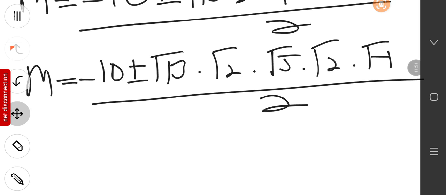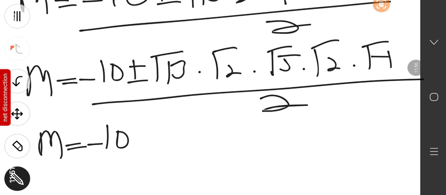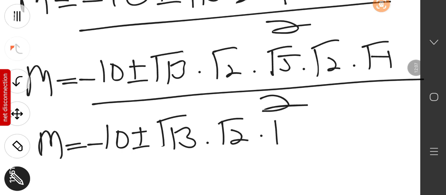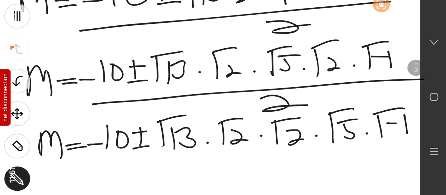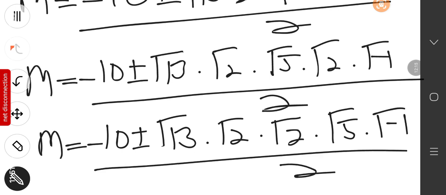All right, so our equation becomes m equals minus 10 plus or minus the square root of 13 times, here let's bring the square root of 2 here and the other square root of 2 here, and then we have the square root of 5, and then we have the square root of minus 1 all over 2.